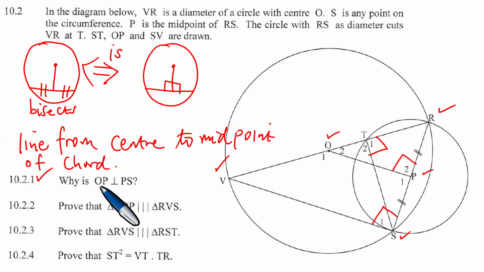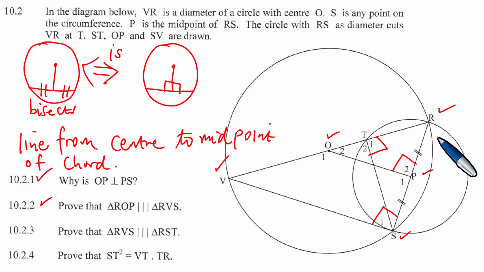Okay, right. Next thing, what then are we doing here? We need to now establish something that is very important. We need to prove that triangle ROP is similar to triangle RVS. Let us prove this one.